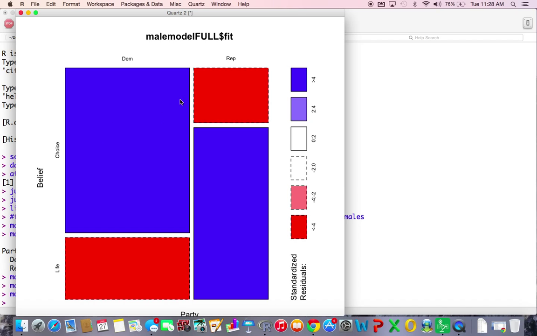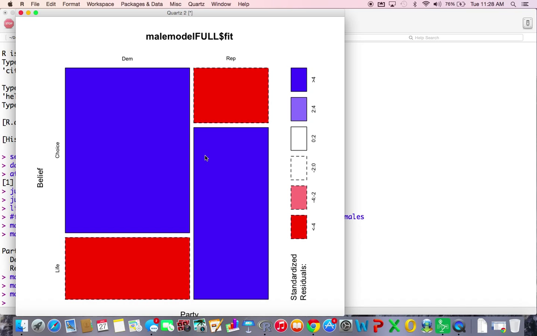If we get a rectangle that is not dashed, it can be white, light blue, or dark blue. Dark blue, light blue, and white just tell the magnitude, but dashed versus not dashed tells us whether the observed cell count is higher than the expected cell count, or whether the expected is higher than the observed.